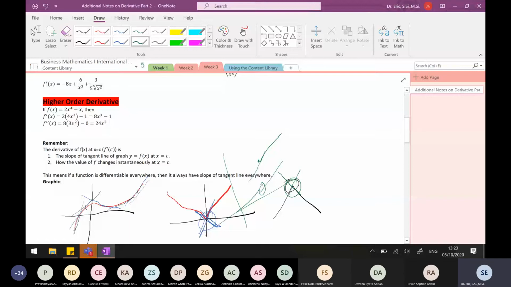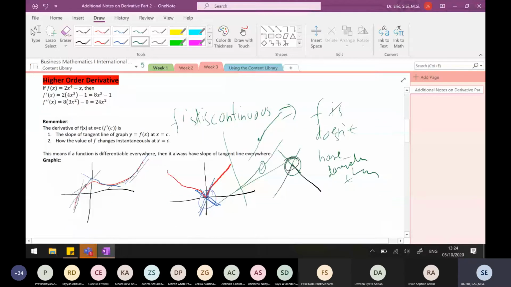Okay, yeah? If f is discontinuous, f doesn't have derivative. Okay, yeah? So if f is discontinuous, f doesn't have derivative.